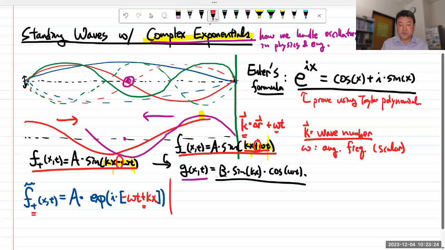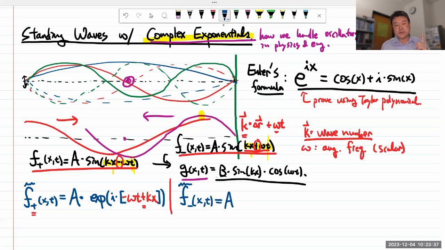And let me write my other wave. That's going to be the complex wave traveling to the left. Everything else the same, and it has the amplitude. And for future convenience, I'm going to add a little term here, which I'm going to call the phase factor.